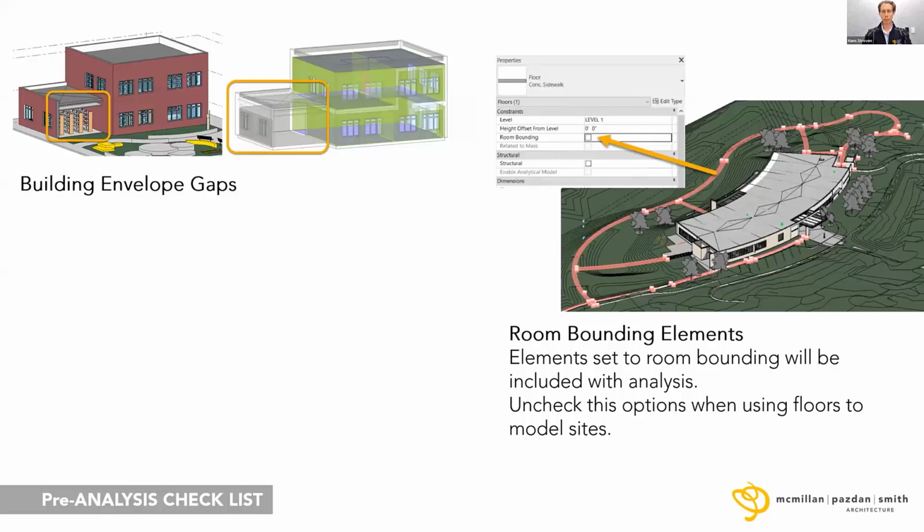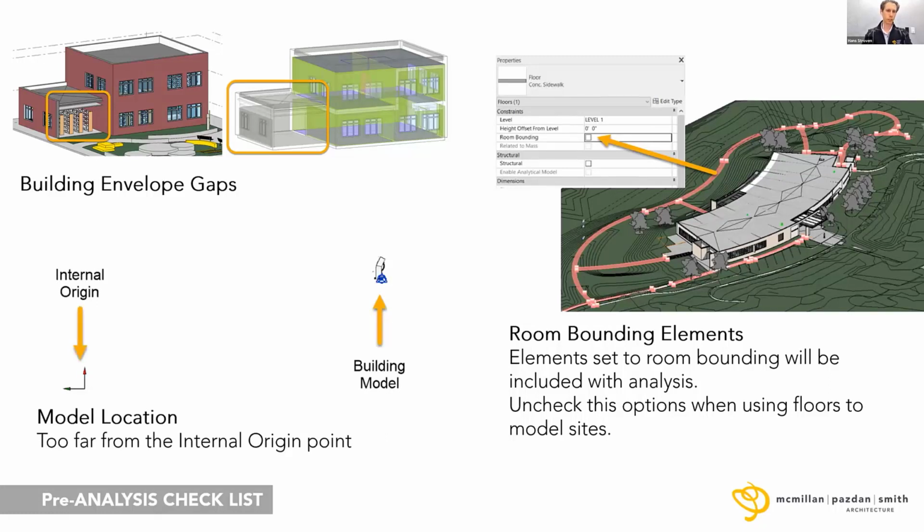If you are doing that, just make sure that the room bounding check mark is checked off. That way it's not being picked up in your energy analysis. And this also goes for if you have, let's say, retaining walls on your project, or if you're using ceilings or roofs for whatever various methods that are not part of the building envelope that you want to run the analysis on, make sure that room bounding is unchecked. That way it doesn't pick it up while it's going through the process.